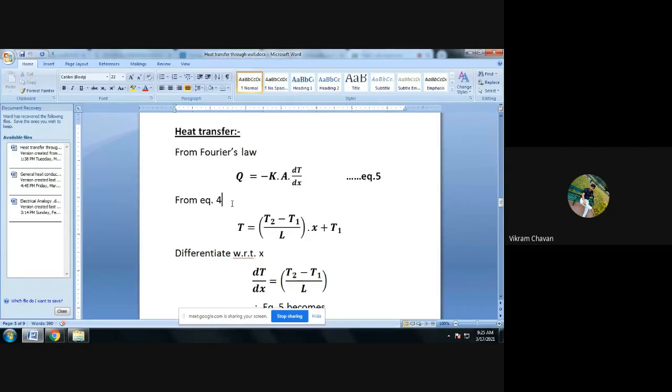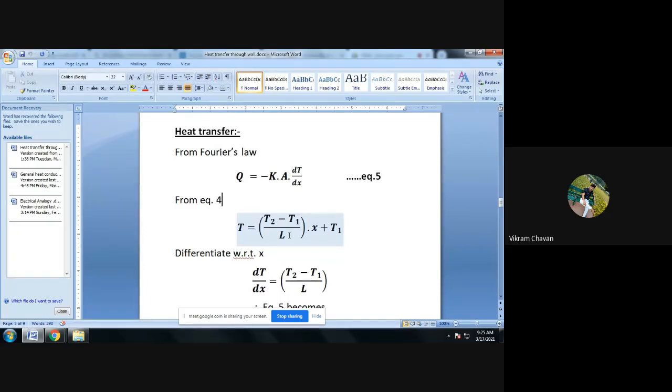Next, from equation 4, T is equal to (T2 minus T1) divided by L, multiplied by x, plus T1.